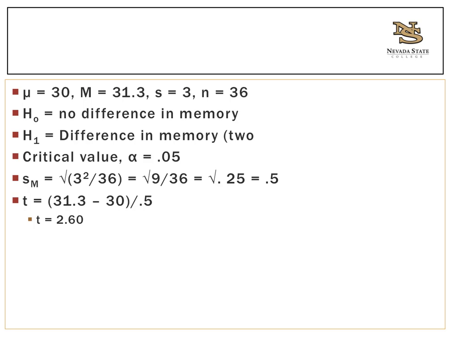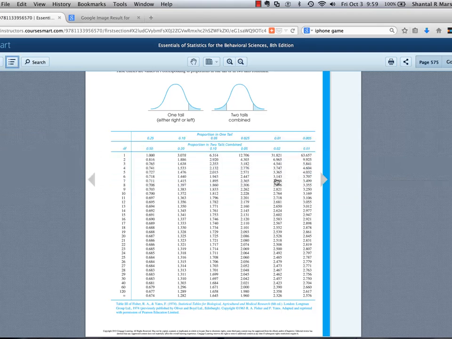So let's see what our critical t would be. We still have a two-tailed test, and we're still testing it with a 0.05 alpha level. So now all we have to do is figure out our degrees of freedom. But we run into a small problem. We have 30 and we have 40, but we don't have 35.